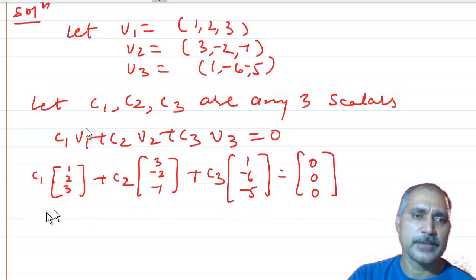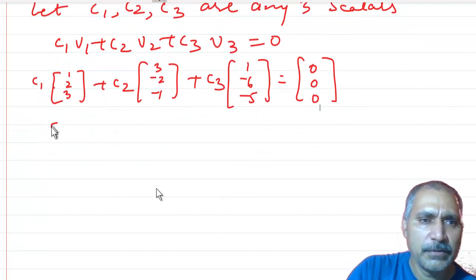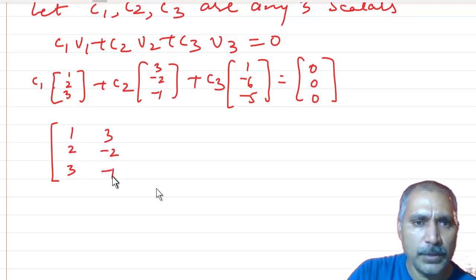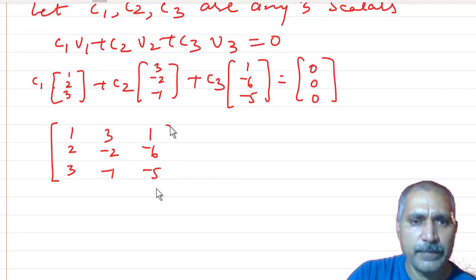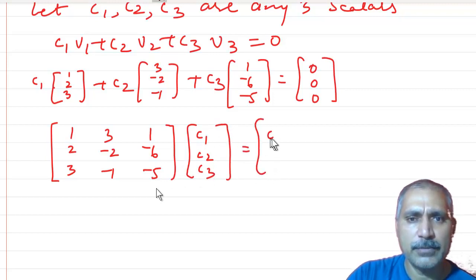We will write this as a system of equations: the matrix 1, 2, 3, 3, minus 2, minus 1, then 1, minus 6, minus 5, times C1, C2 and C3, equal to the 0 matrix, 0, 0 and 0.